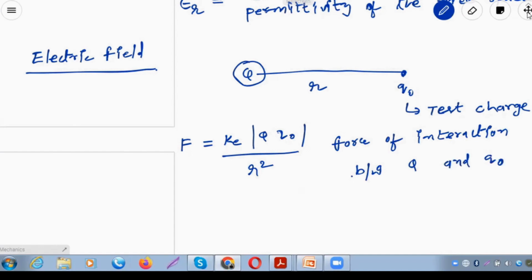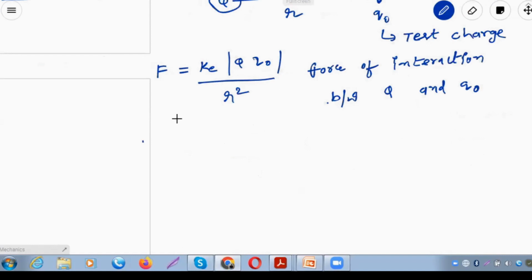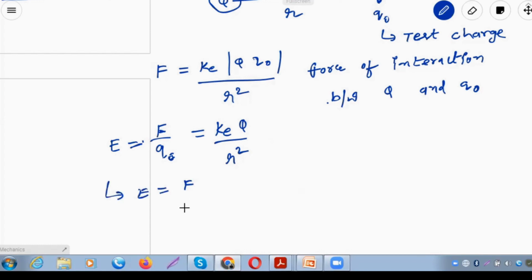Now if I divide F by Q naught, the expression I get is Ke into Q by R squared. This ratio is called the electric field intensity, E is equal to F by Q naught.